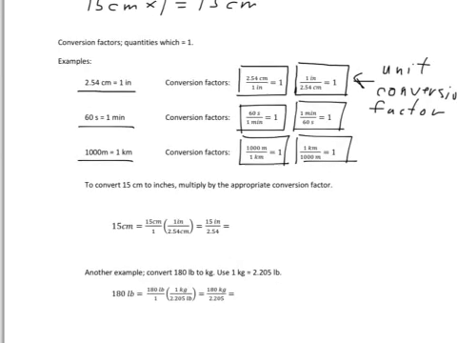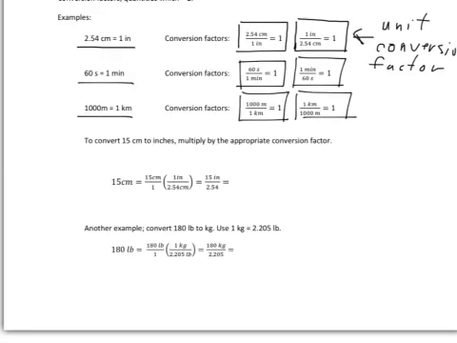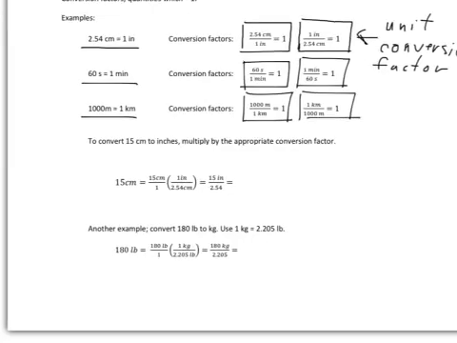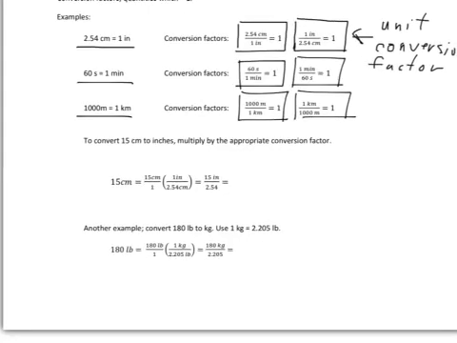To convert 15 centimeters to inches, simply multiply by the appropriate conversion factor. So the first thing I do is write 15 centimeters equals 15 centimeters over 1 to keep clear in my mind what's in the numerator and in the denominator.